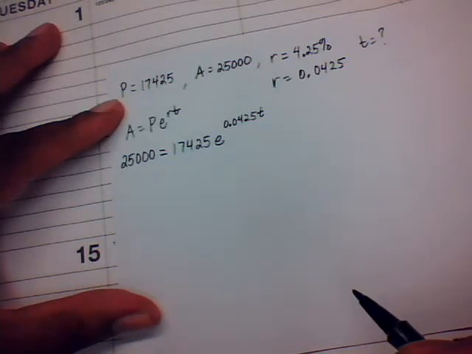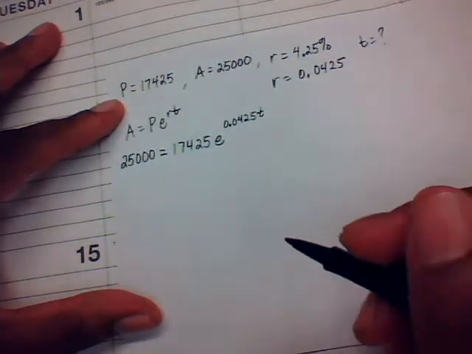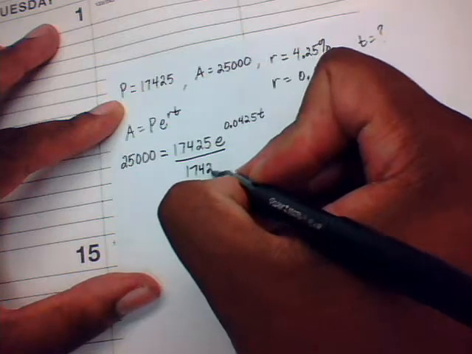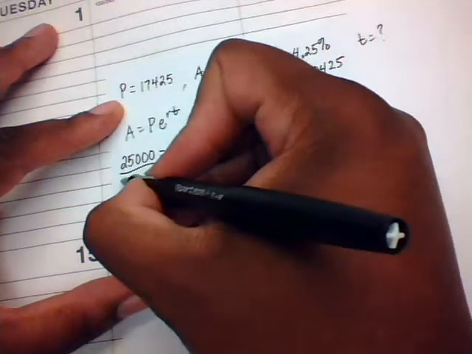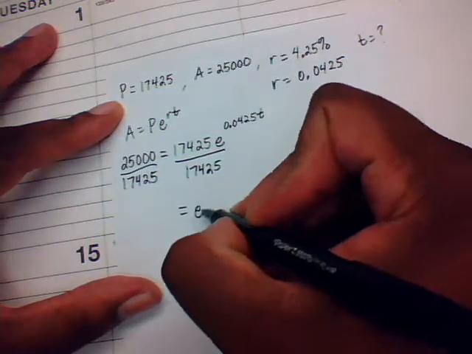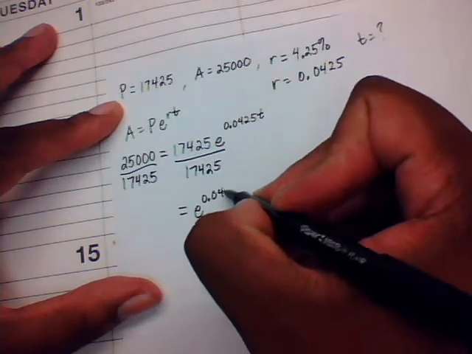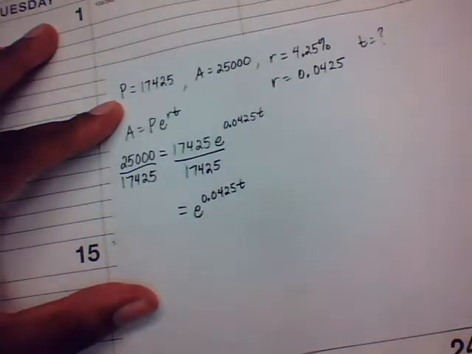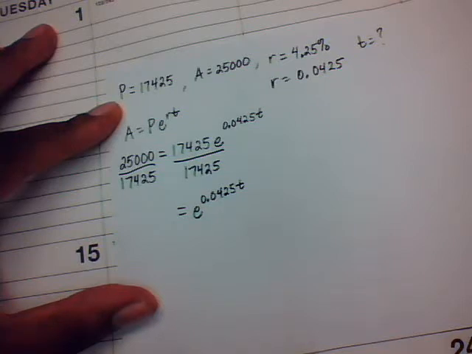Now we need to get e to the 0.0425t by itself. It's being multiplied by 17,425, so let's divide both sides by 17,425. Which means we'll have e to the 0.0425t equal to 25,000 divided by 17,425.